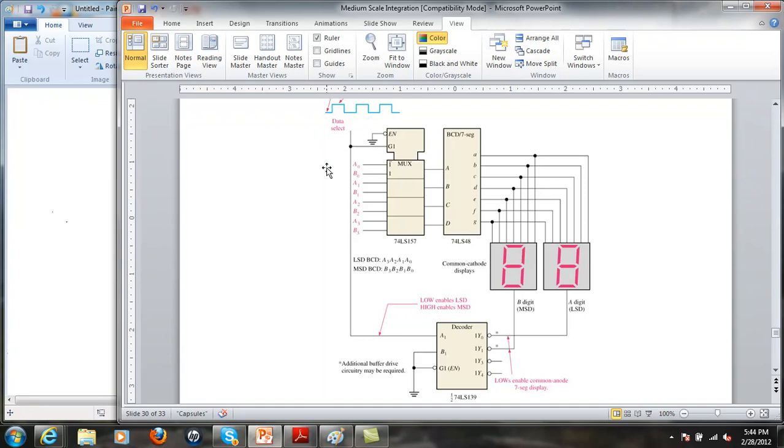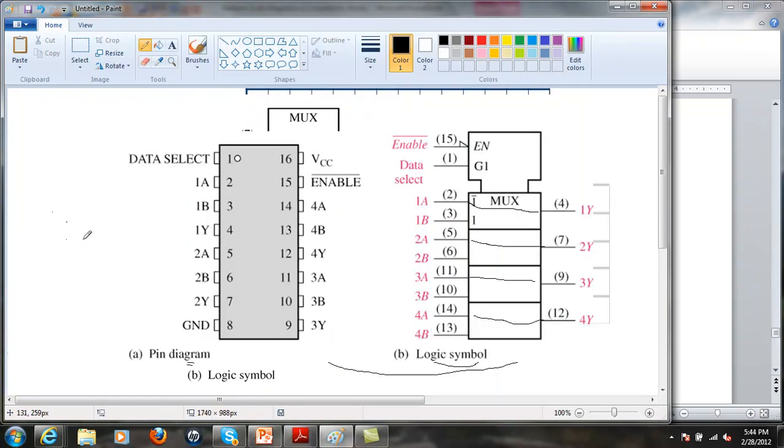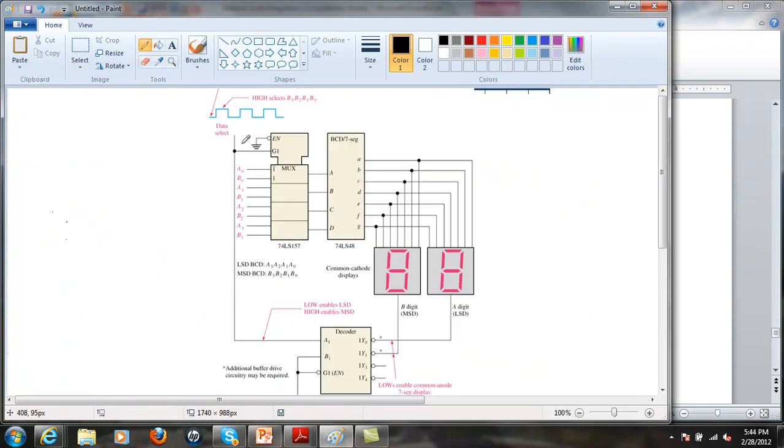So if I select this to be a 0, that means I'm selecting A0 to go out to A, and A1 to go here, and so on for these 4 multiplexers. So I've selected a 0, therefore I've selected this, this, and this to go to the output.